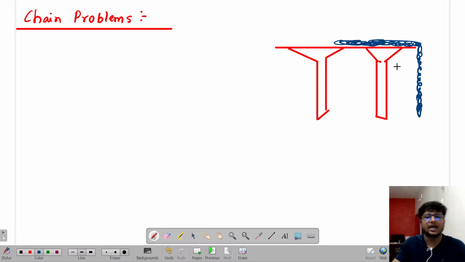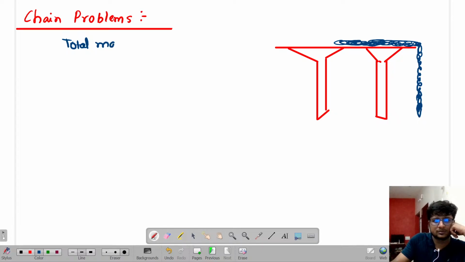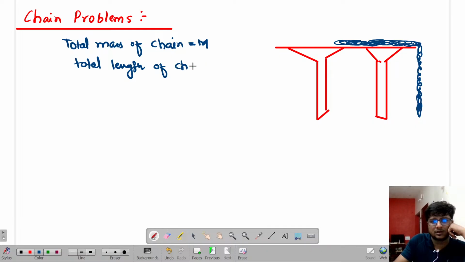I'm saying that the total mass of the chain is equal to capital M, while the total length of the chain is equal to capital L. Is that clear or not?